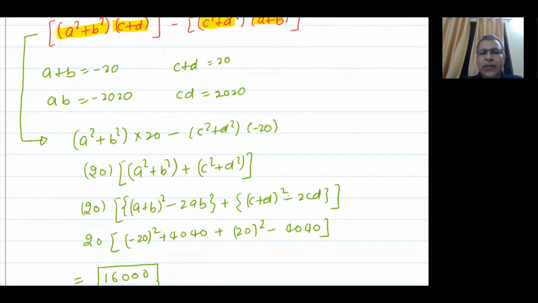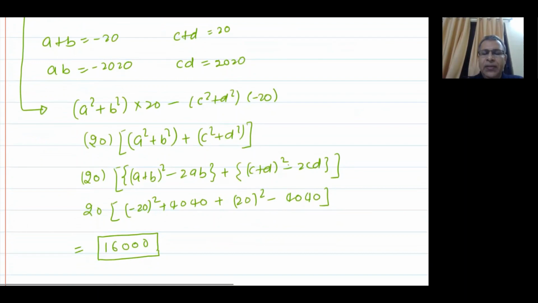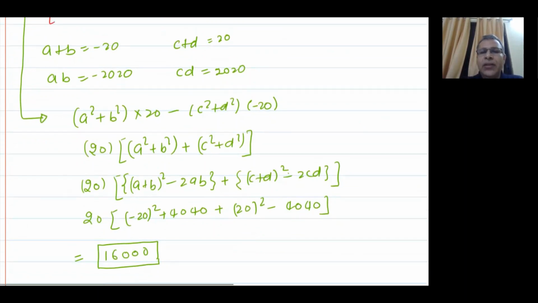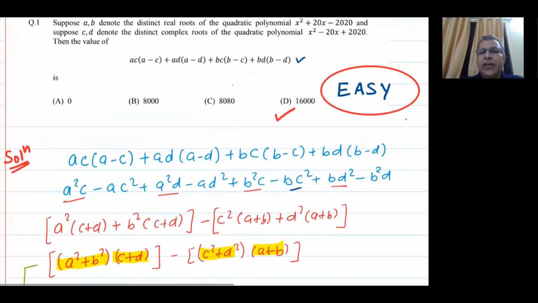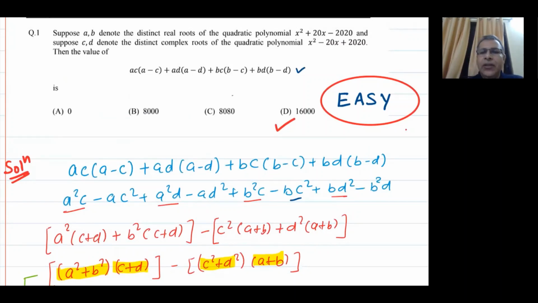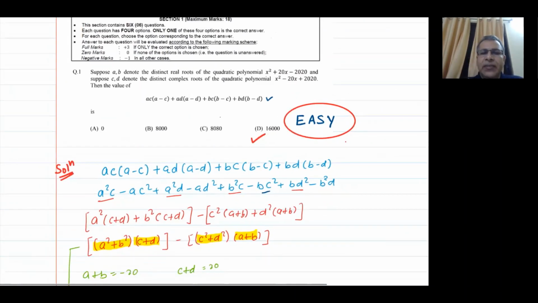So we get 20 times [(a plus b) whole square minus 2ab plus (c plus d) whole square minus 2cd]. After putting the values of a plus b and ab, we get 16,000. So 16,000 means we are getting option D. So in this question, option D is correct.